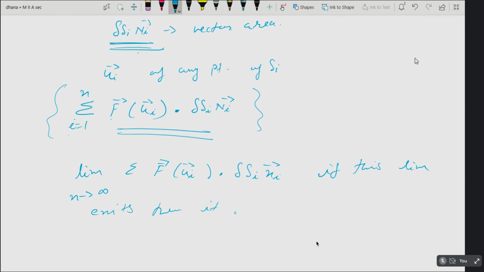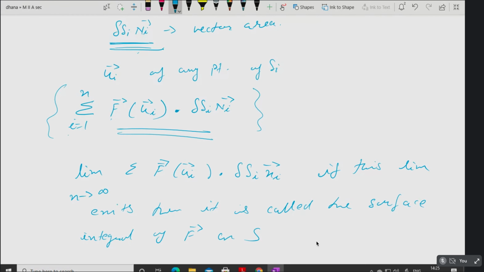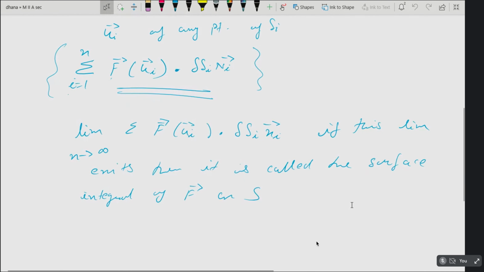Then this is called the surface integral of f bar on S. Okay, then this limit is called the surface integral of f bar on S and is denoted by the following. Here I asked you to take the dot product, not necessarily dot product. In general you can take the cross product also. That depends on the question. But here it is the dot product we have considered.